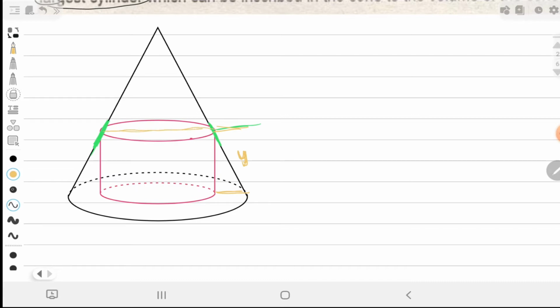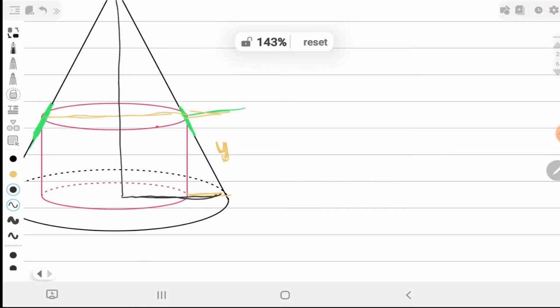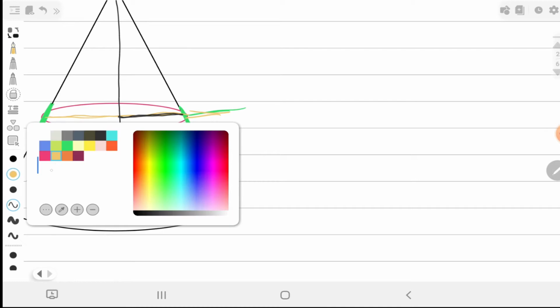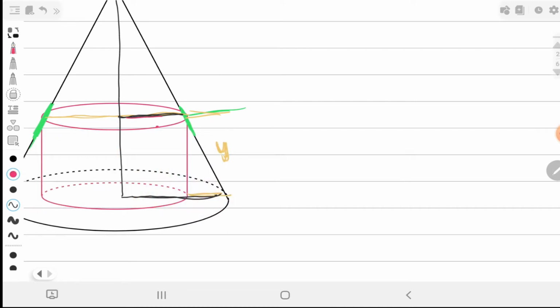Bakit 2x? Kasi hahatiin natin to. Para hindi tayo mahirapan, let's say that this will be my x. Let this be our x.